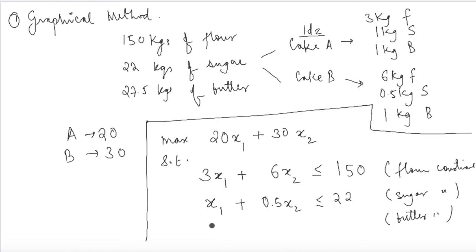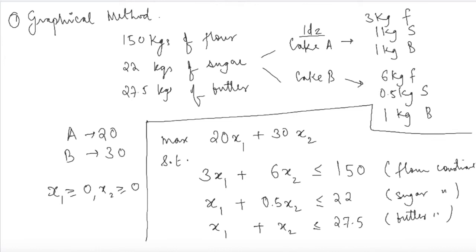Similarly for butter, it will be x1 plus x2 less than or equal to 27.5. The third set of constraints is the non-negativity constraint, which says that x1 and x2 have to be greater than or equal to 0. Obviously, आप negative amount में cake A या cake B नहीं produce कर सकते. So you are just stating that x1, x2 are non-negative.